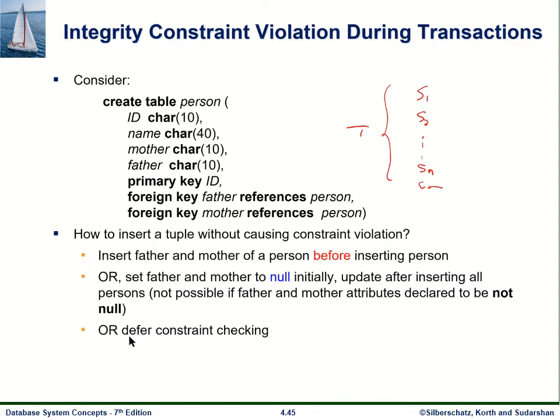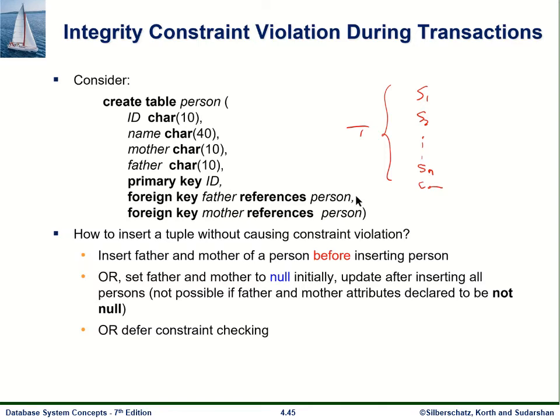And the last one, maybe the more general one, is called deferred constraint checking. The basic idea is that we allow the violation temporarily, but we check the possible violation before we finish the transaction. That means you can declare this constraint as deferrable, by putting deferrable after it.